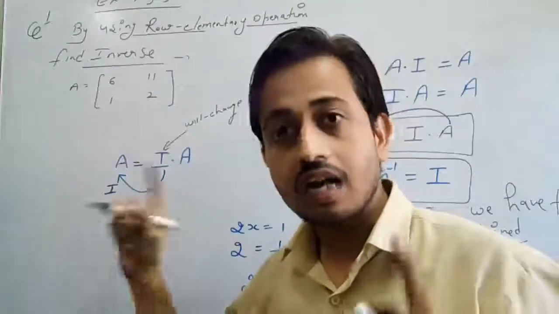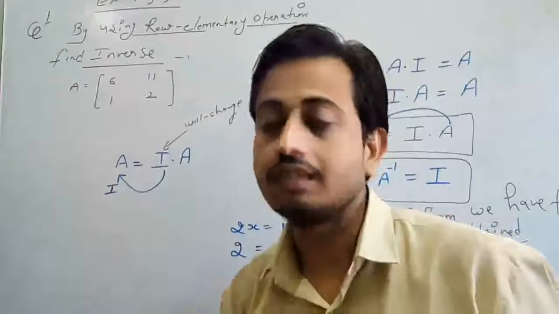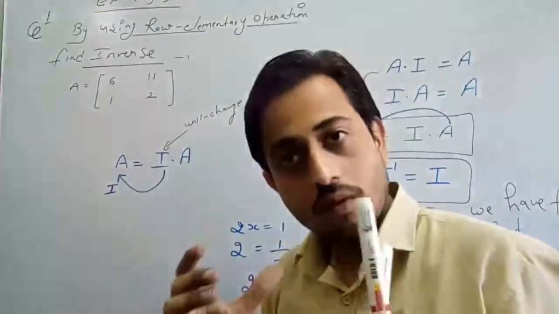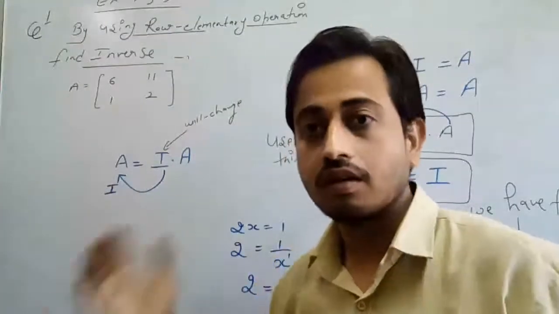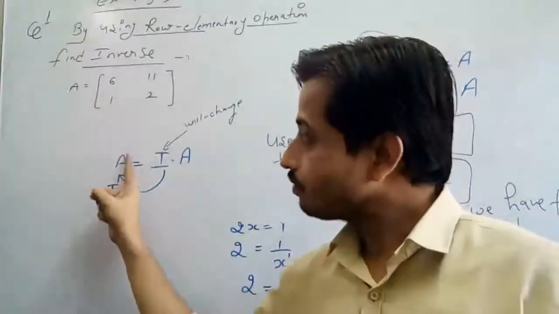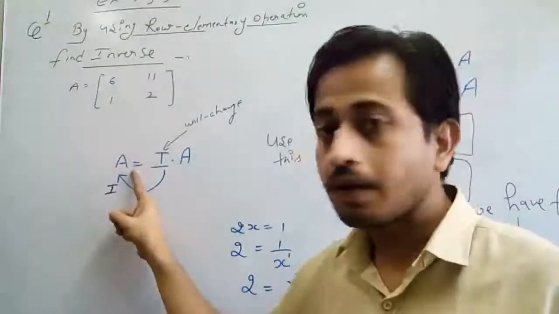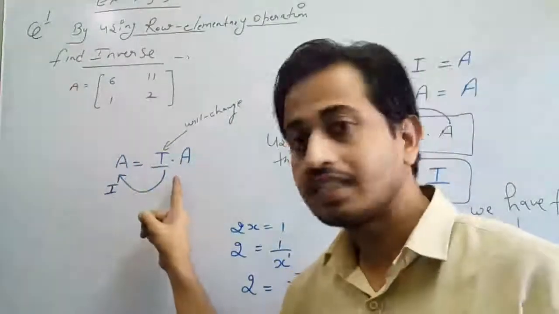So operations are applied on the left-hand side and the right-hand side simultaneously. Please make a note. We have to apply the elementary operation on both sides at the same time. Whenever we want to make this an identity matrix, we have to apply the same operation on this side also.